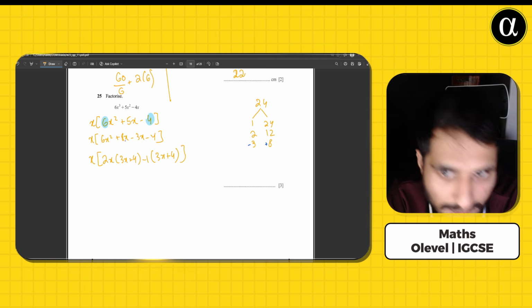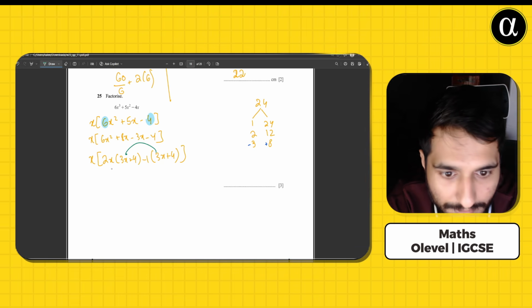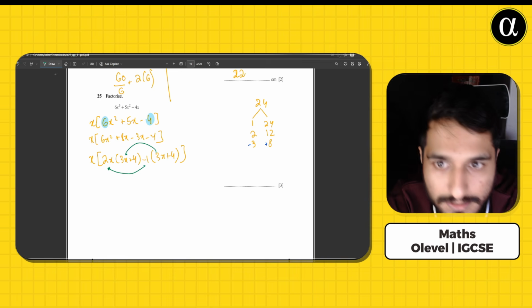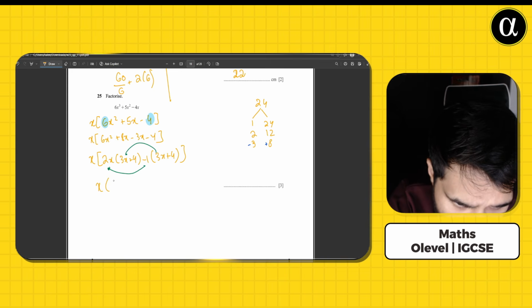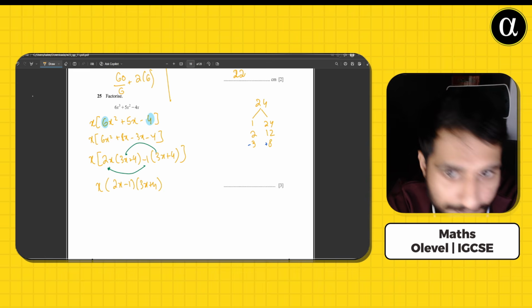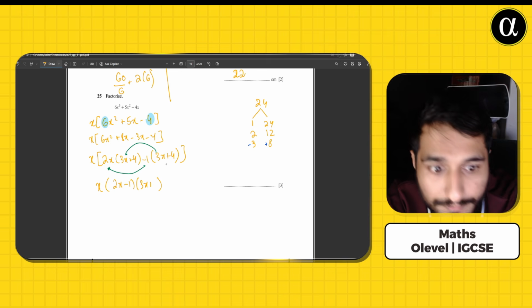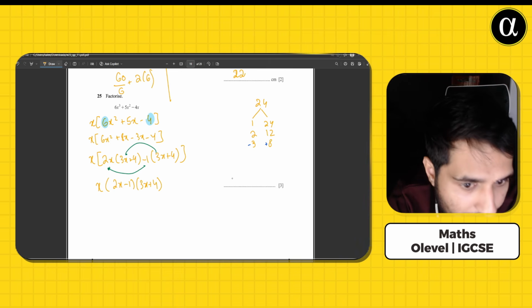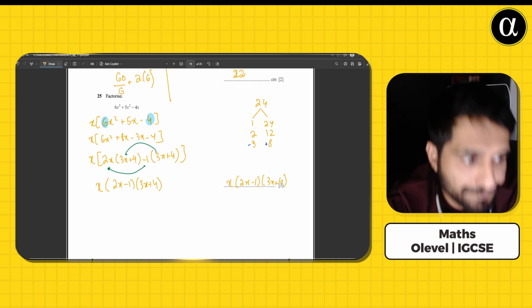Since we can see that the two brackets are same, that means we can write this once and the numbers outside the bracket as once, and this will be written as x times 2x minus 1 and 3x plus 4, and that's going to be my answer, right? Let me write it clearly so it's easy for you. So it's going to be x times 2x minus 1 and 3x plus 4.